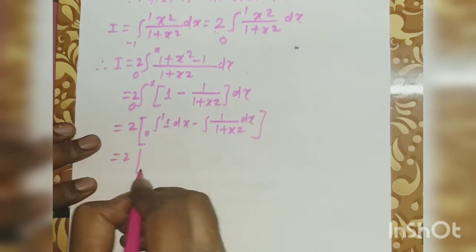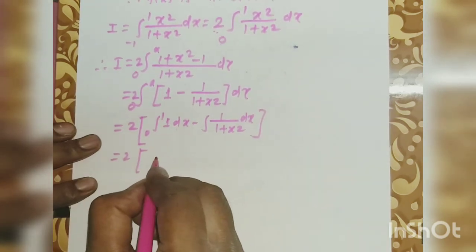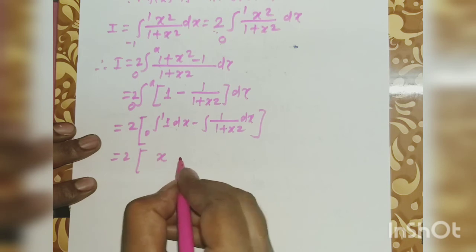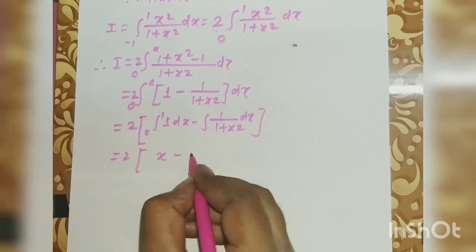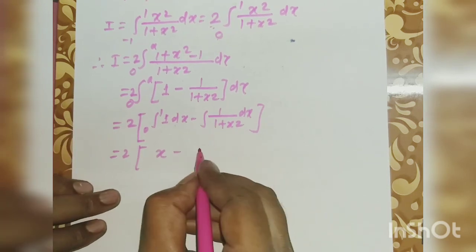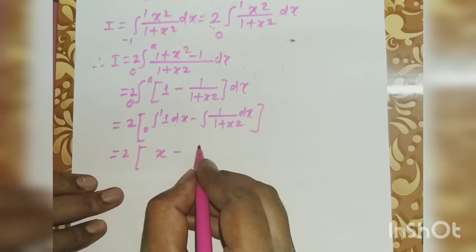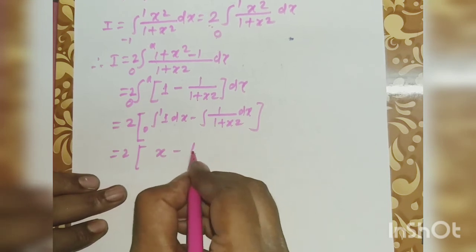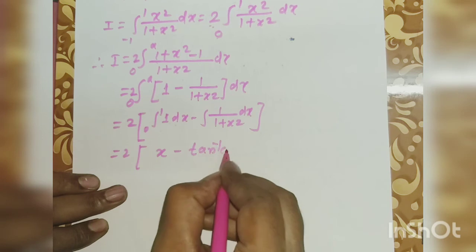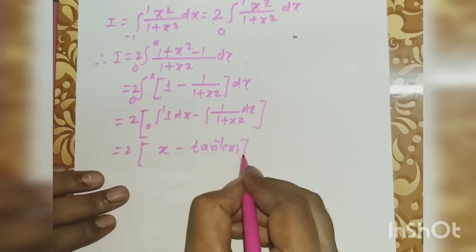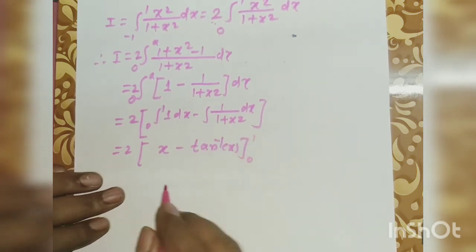Its integration is x minus 1 divided by the square root of a square, tan inverse x by a, but a is 1, that is tan inverse x, limit 0 to 1.